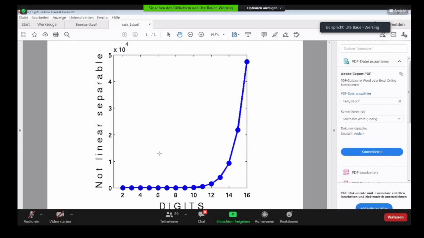And here we see that as soon as we have many more training examples than the dimension of input space, we probably have a non-linear separable problem at hand. The probability increases. So this is basically the takeaway message from this exercise.